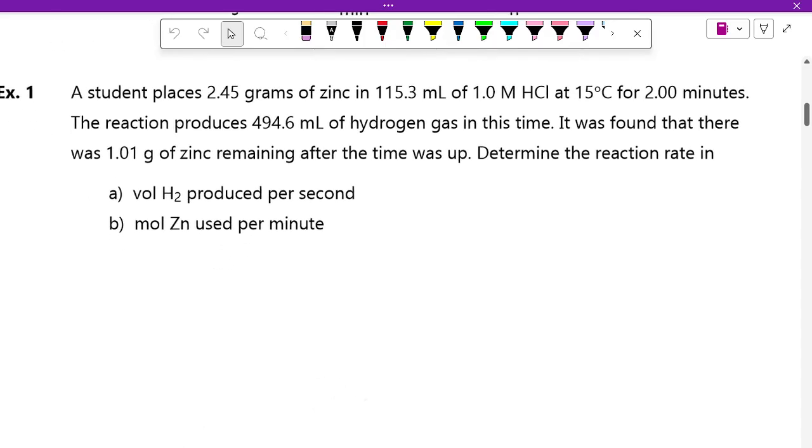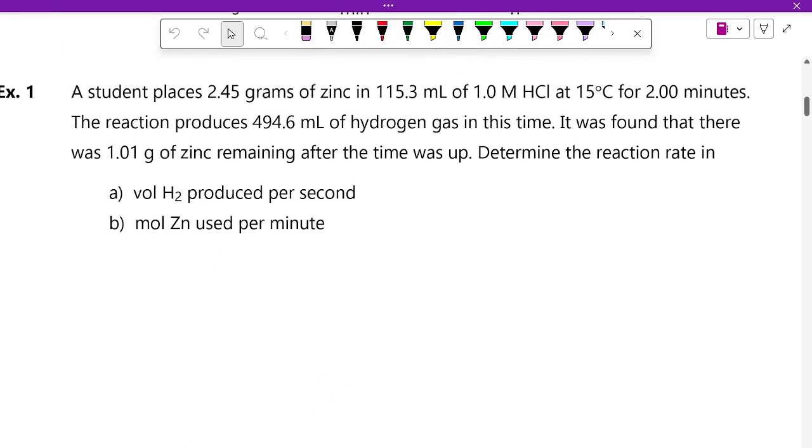Okay, we have a question here, and you probably have enough tools in your tool belt right now to actually do this question without me telling you how to do it. So what I'm going to ask is that you read this question and that you try to answer it. And remember that rate is equal to the change in amount over the change in time.